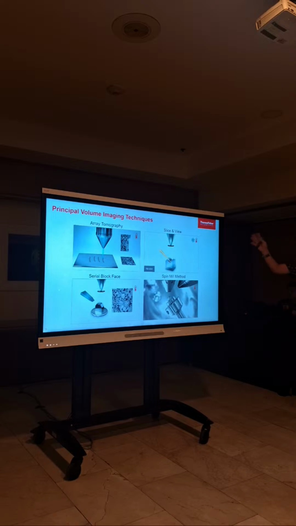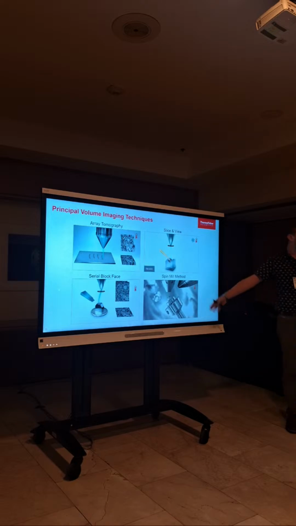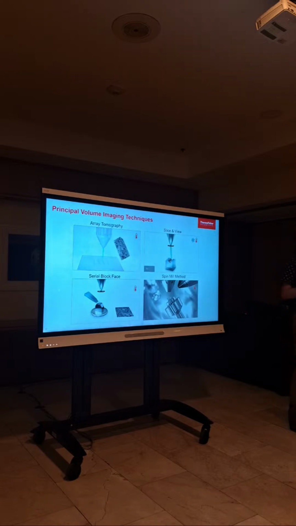One is called Slice and View, where we use this microscope to actually dig a hole into our sample, and we look at that cross-sectional approach to generate all these images. The other, something new, is called Spin Mill, where we use the microscope to polish off the very top of our sample, so that again we can start to build up these 3D data sets.